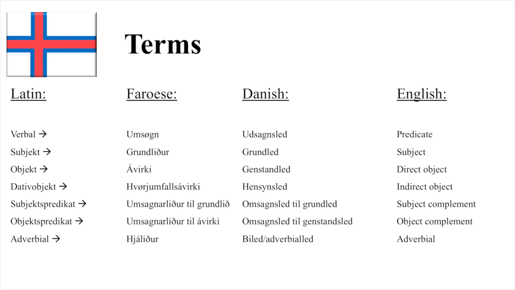And in Danish we have udsagnsledet, grundledet, genstandsledet, hensynsledet, omsagnsledet til grundledet, omsagnsledet til genstandsledet, and biledet / adverbial. And then in English we have predicate, subject, direct object, indirect object, subject complement, object complement, and adverbial.